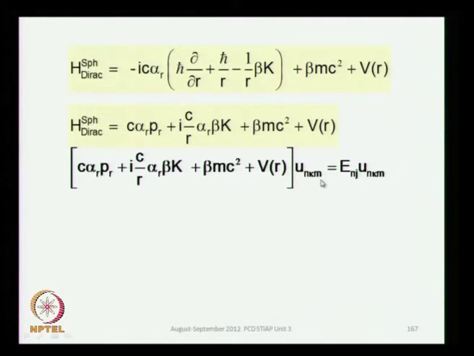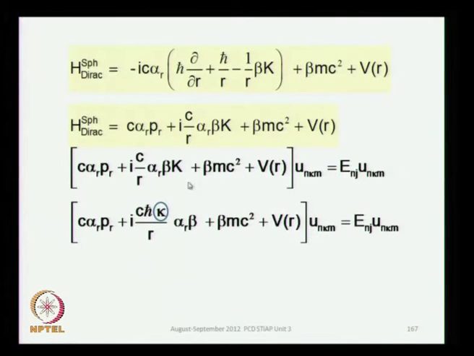These are the quantum numbers that we have recognized. So, the state is now described by these quantum numbers n, kappa, m. So, this is an eigenvalue equation, this is the Dirac Schrodinger like equation if you like, okay, but this is of course the Dirac equation, and this is the Dirac equation for the hydrogen atom, V(r) being the Coulomb potential.